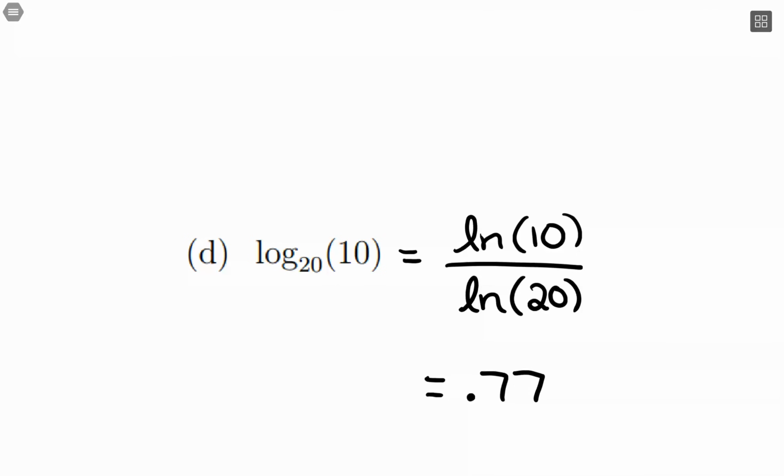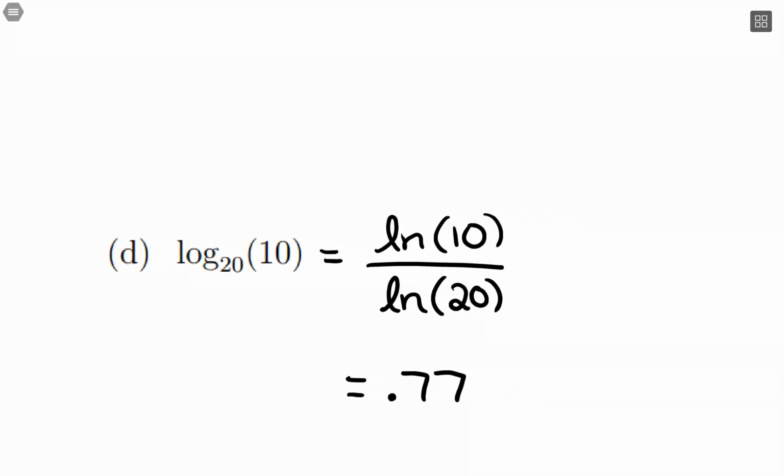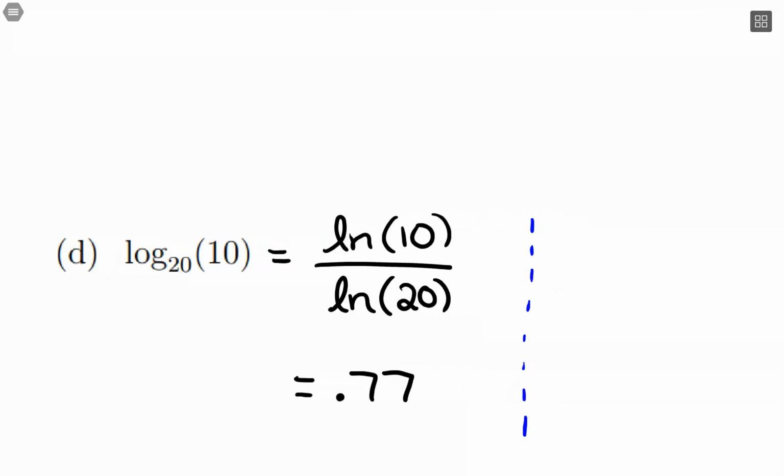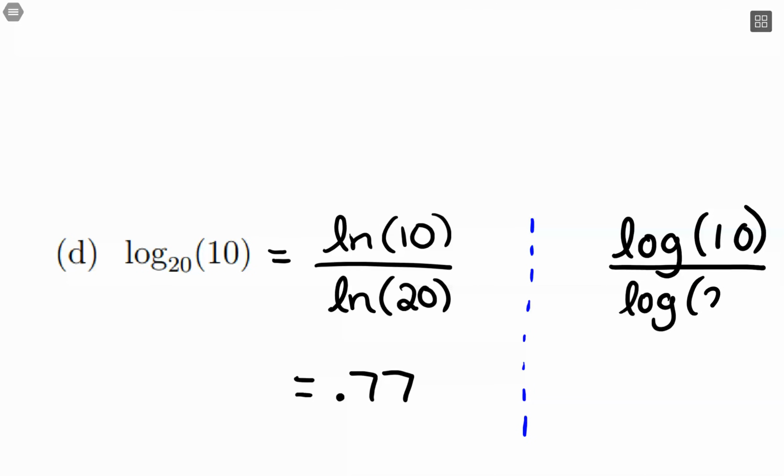Now if you had done this with base 10, there would be some simplifying you could do before the calculator. It's not required by any means, but we would have log of 10 over log of 20. So again, same exact thing between those two expressions.